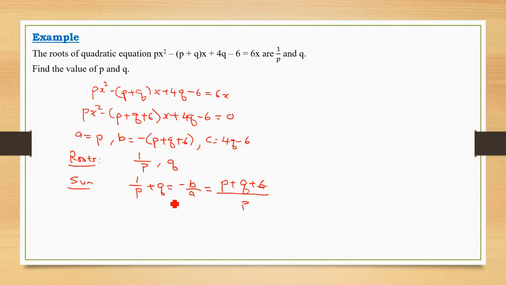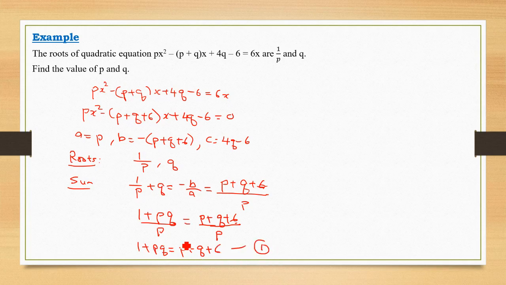If you want to simplify this, what you have is 1 plus PQ over P equals to P plus Q plus 6 over P. So when you bring across the P, it will cancel off. So you're only left with 1 plus PQ, equation 1. You can't solve it because there are P and Q unknown.